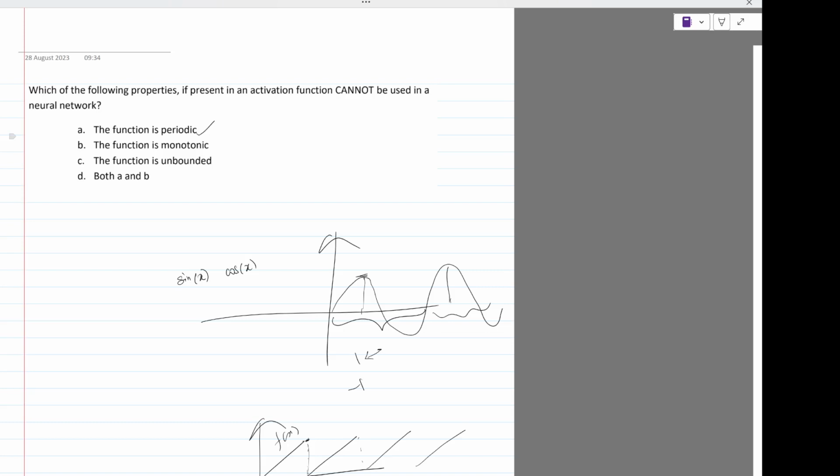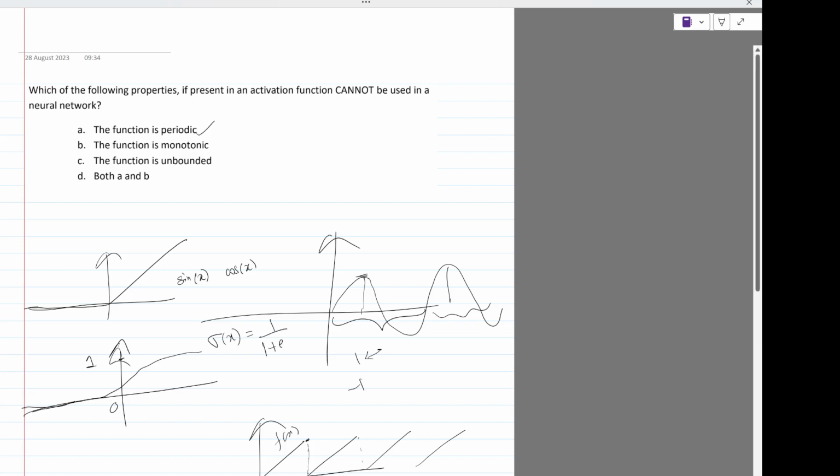So your ReLU function, which is something like this, that is monotonic, or even your sigmoid function, which is something like this, between 1 and 0. Sigma equals 1 upon 1 plus e power minus x, right?